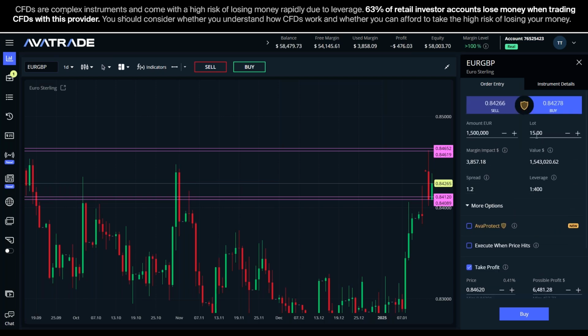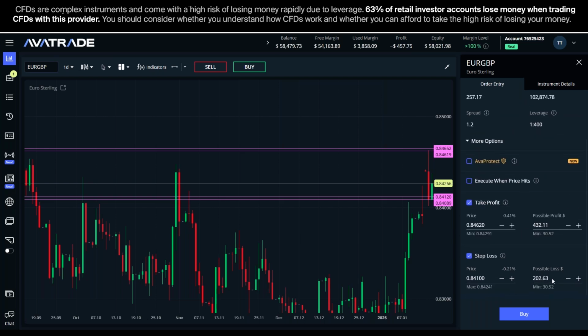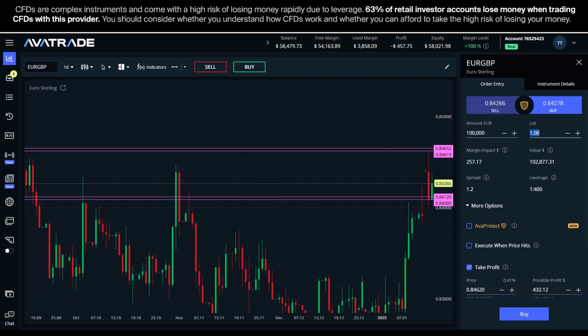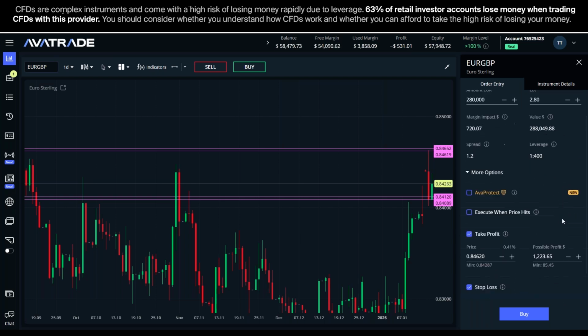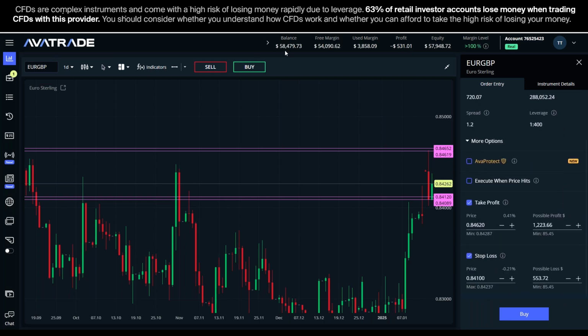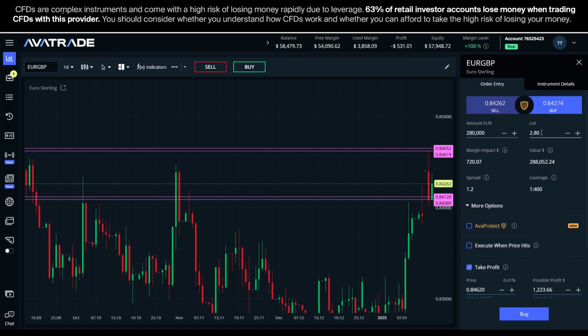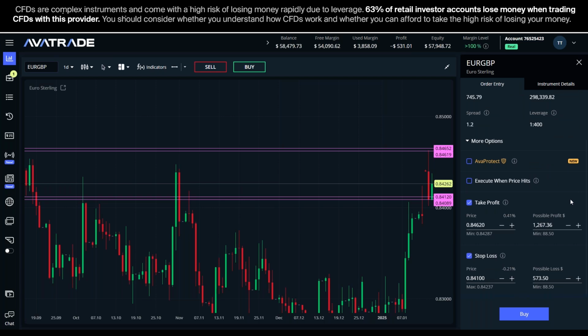So now I can start changing the trade size, the lot size. If I do one lot, how much am I risking? 202. If I do 2.8 lots, I'm risking 553, less than 1%. 2.9, I'm risking 573.